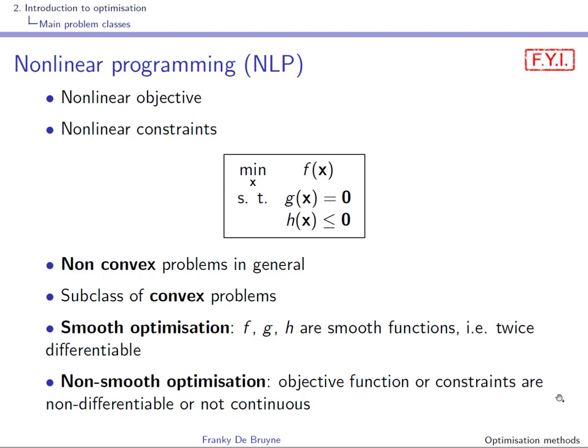In section 5, we'll look at a subclass of problems where there are only equality constraints. This will lead to the Lagrange multiplier method, where we have a general nonlinear objective function and one or several equality constraints.